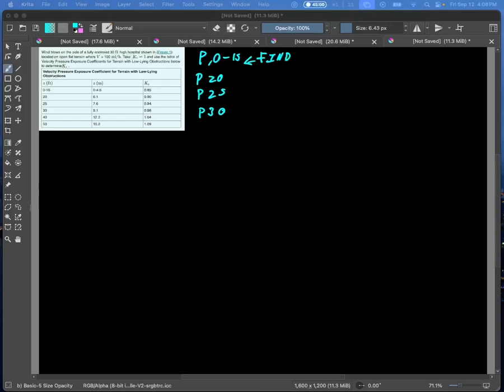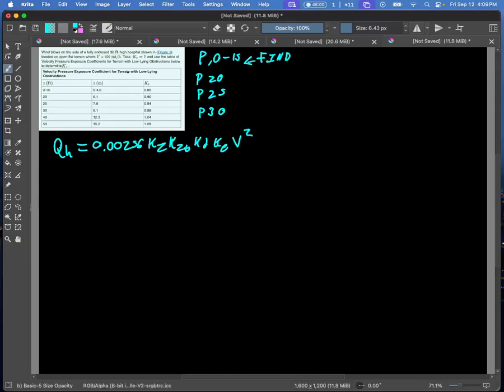So, by now, we should remember the basic equation that, I can probably even write it right here. QH equals 0.00256 KZ, KZT, KD, KE, V squared.